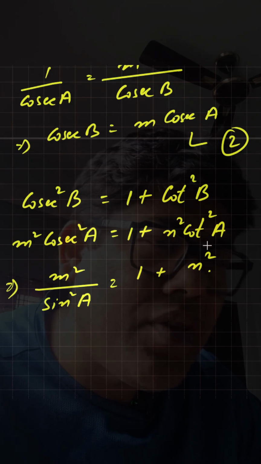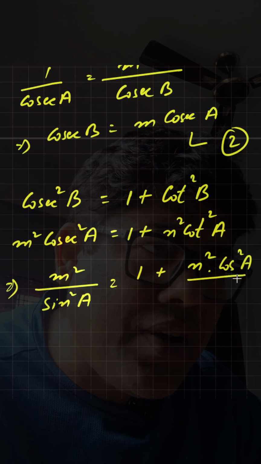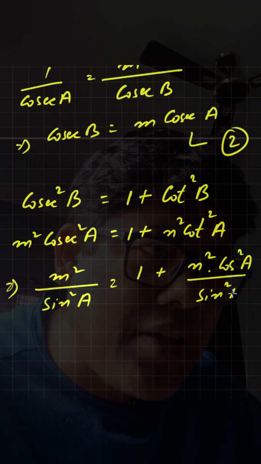Instead of writing cot square A, I can write it as cos square A divided by sin square A.